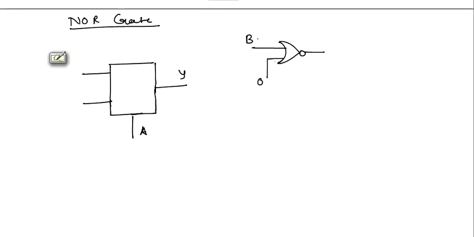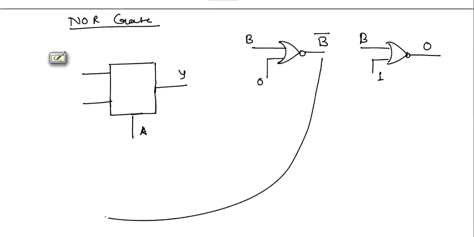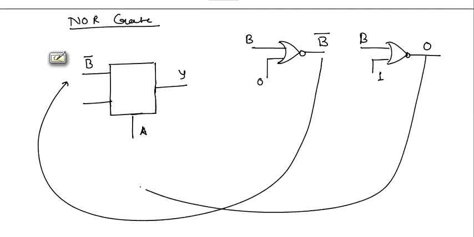Here, if B is 0, then the output will be 1. If B is 1, the output will be 0. So the output will be B bar in this case. You can verify it from the truth table. If one input is 1, then the output will always be 0. This B bar will be here and this 0 will be here. This B bar will be generated using a NOT gate.